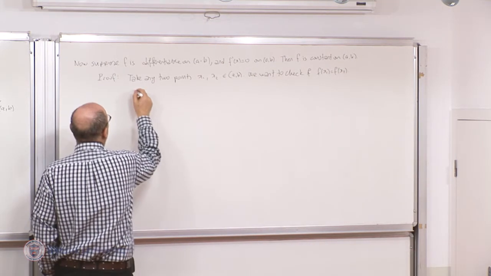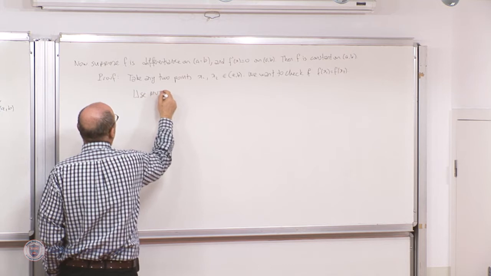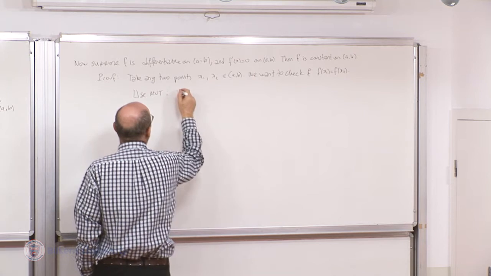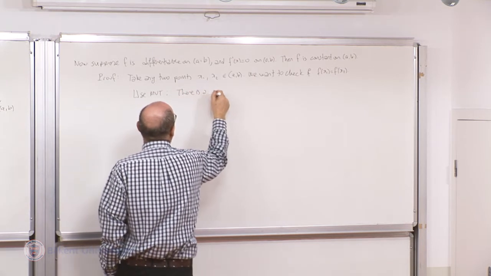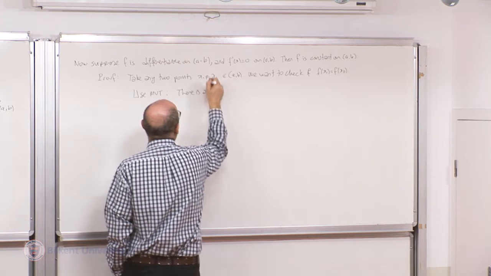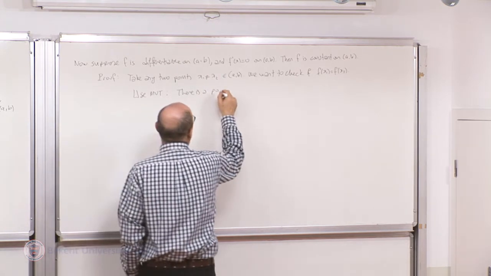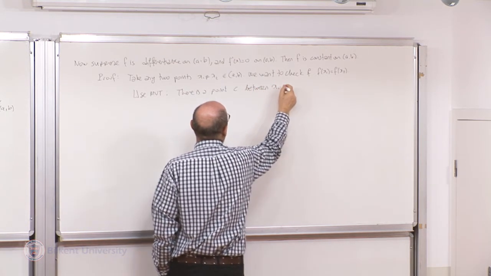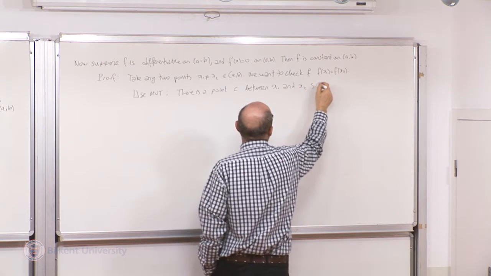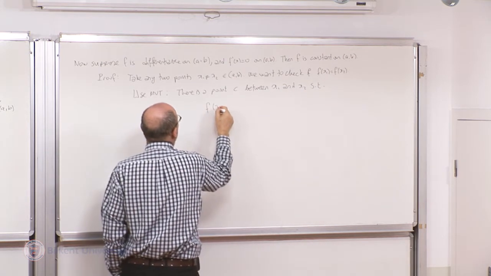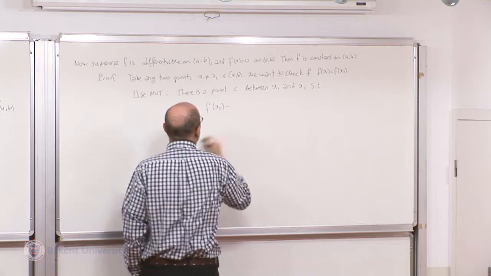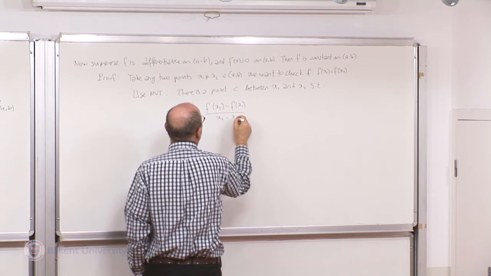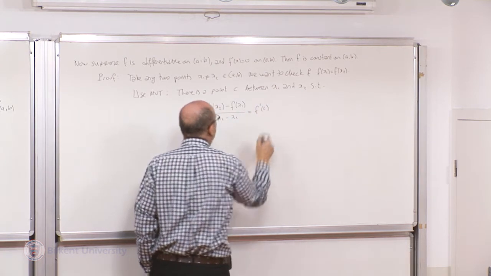Use the mean value theorem. There is a point c between x1 and x2 such that, following the formalism of the mean value theorem, (f of x2 minus f of x1) over (x2 minus x1) is equal to f prime c.